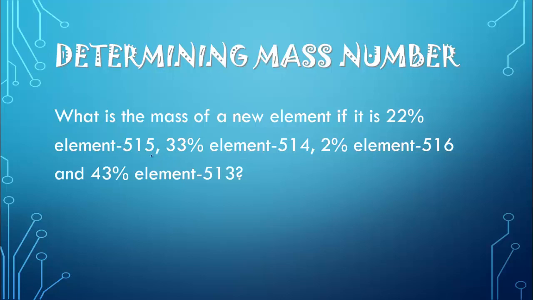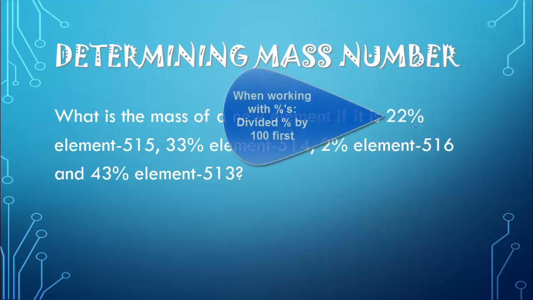So how do we find the mass? Well, first we've got to look at percents. Whenever you work with percents, remember we move the decimal place 2 back because we want to get rid of the percent. To get a percent, we multiply by 100. So to get rid of the percent sign, we're going to divide by 100.